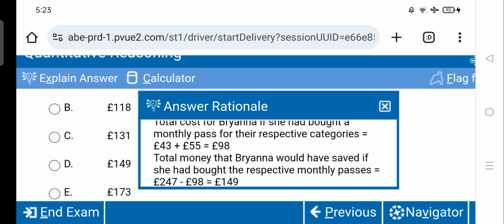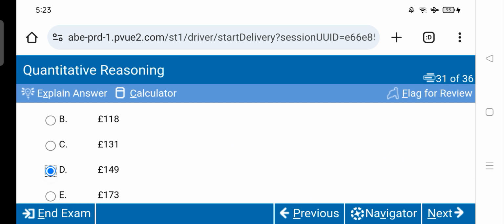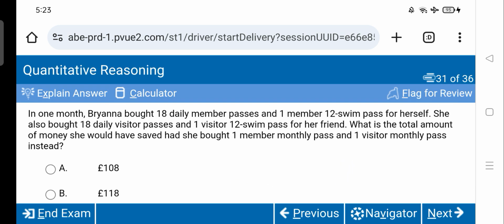So the total money that Brianna would have saved if she had bought the respective monthly passes equals 247 minus 98, which equals 149 pounds. So that's how we can say the correct response is option D, which is 149 pounds, the total amount of money she would have saved had she bought one member monthly pass and one visitor monthly pass.